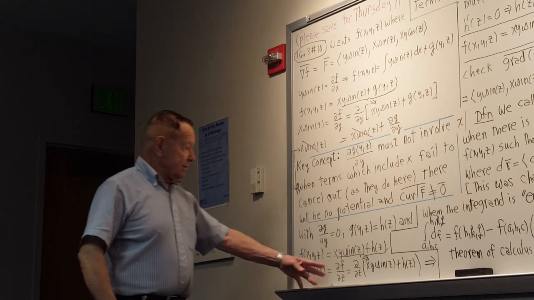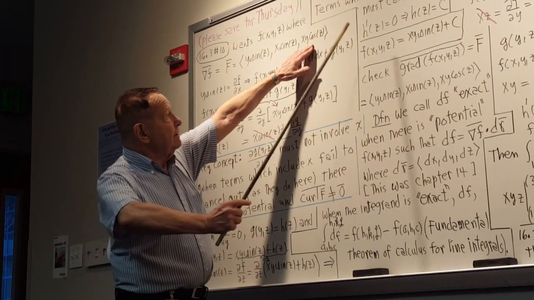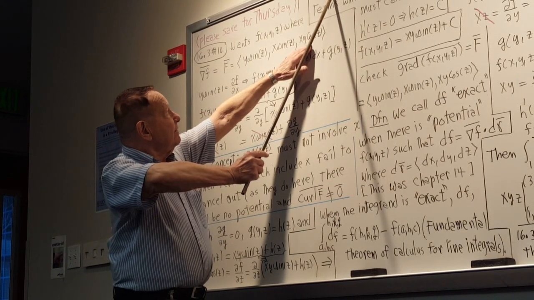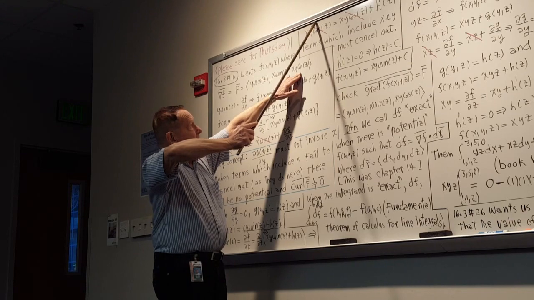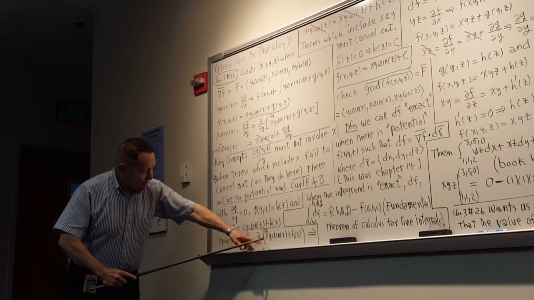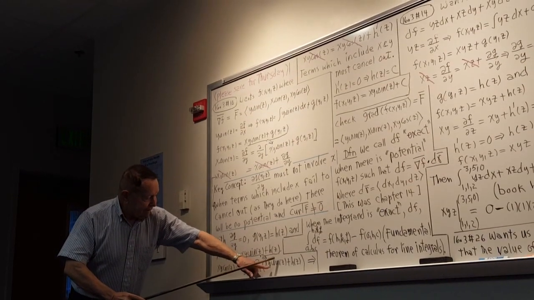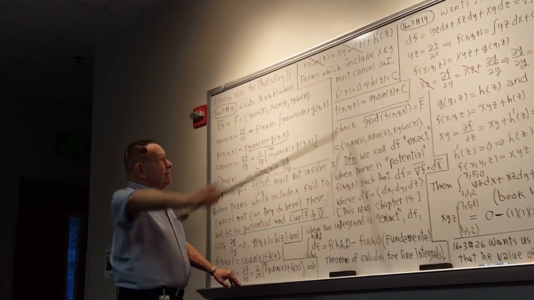So our partial with z, first of all, from what we're given, goes on the left side. So this right here is how I get that. And then on the right side, I do partial with z, and you see I get xy cosine z, and then I get h prime.